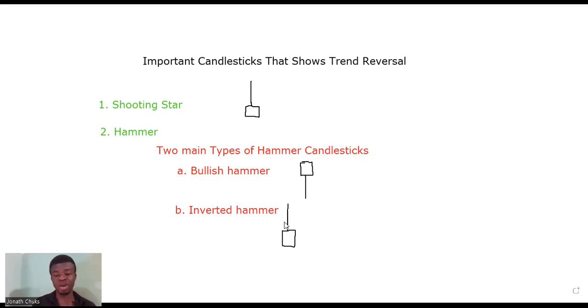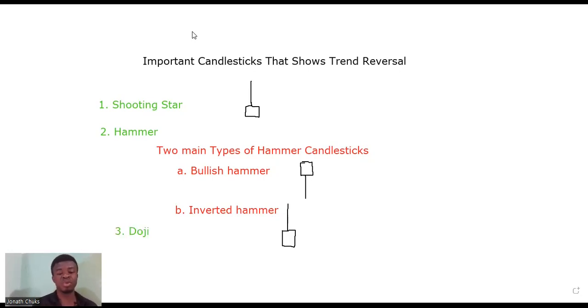If you look at this candlestick, you see that it's almost the same as this candlestick. Do you understand? This one and this one are almost the same, but don't be confused. They are not seen at the same place. I will still show you how it looks. This is just the theory. We'll still go and do the practical part of it.